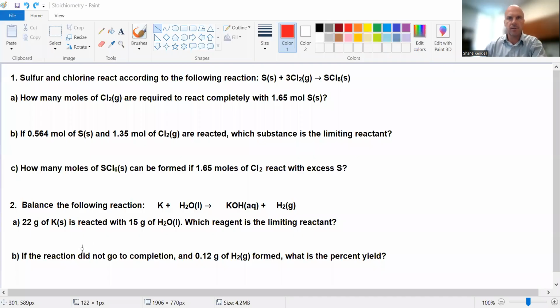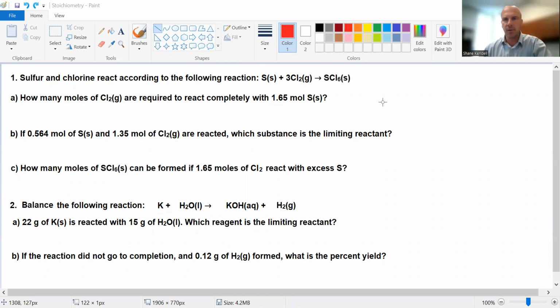Here's the screen shared. So let's have a look at our first reaction. We've got one mole of S reacts with 3 moles of Cl2. And so as I stated before, in our conversion tables before, we may have been relating, say, kilograms to grams or kilograms to pounds or something like that.